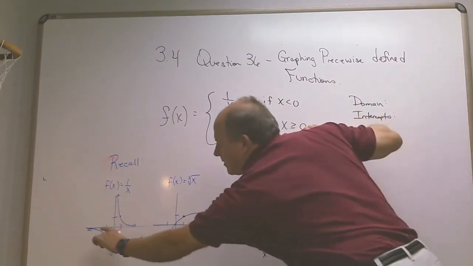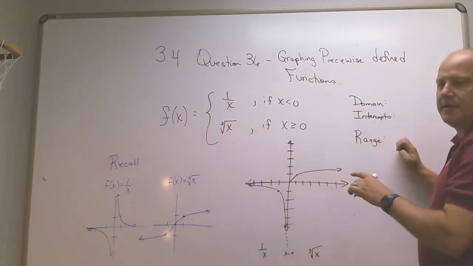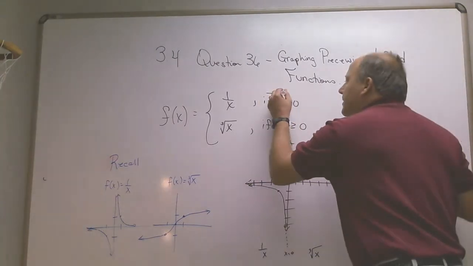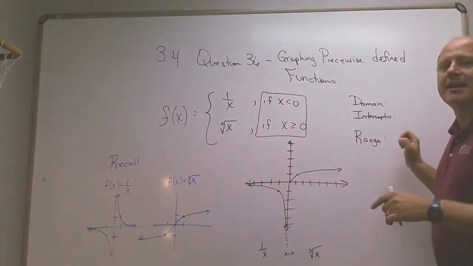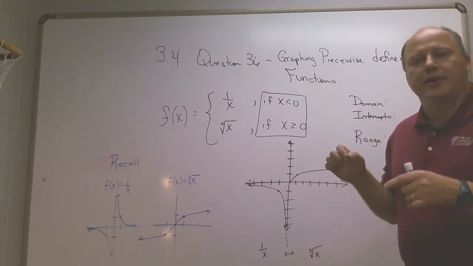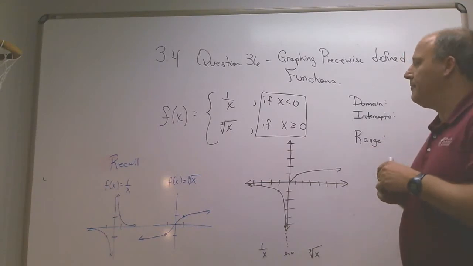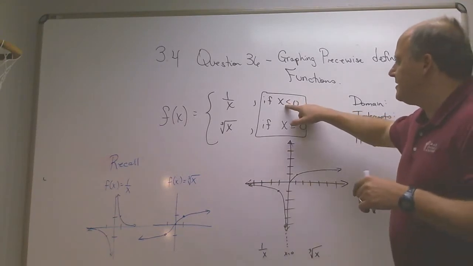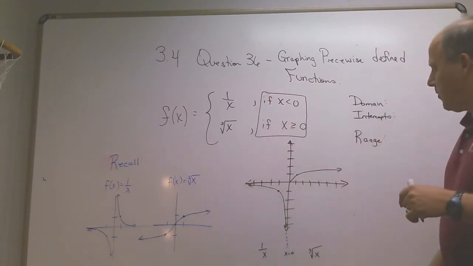And this part, cropped this off, took this part, copied it over here. This is very important. A lot of people don't believe this is important, but it tells you what part you're going to keep and what part you're going to crop of the function that is in the library. So on the less than 0 side it's just 1 over x. That's what we have right there.